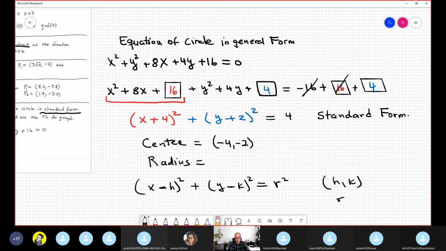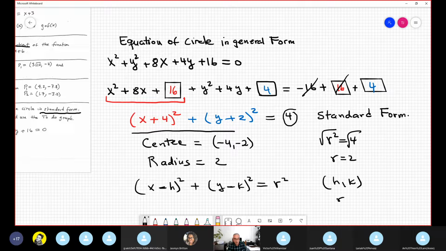And what about the radius? Well, the radius is this side, 4. R squared is 4. Therefore, r, square root of both sides, is 2. Okay, I agree.